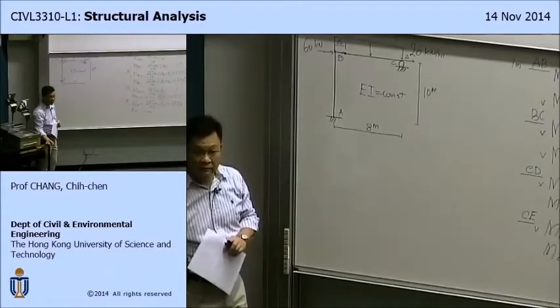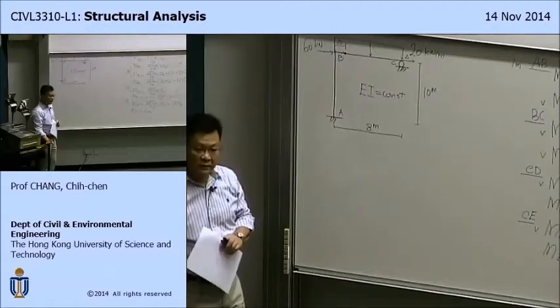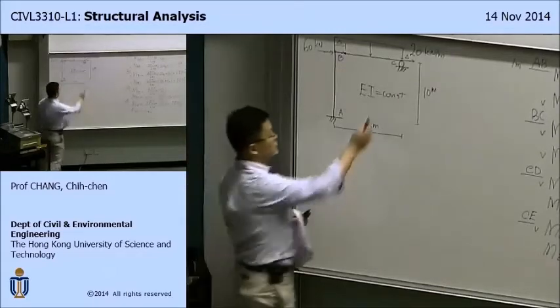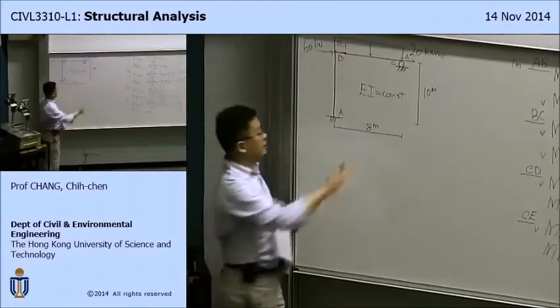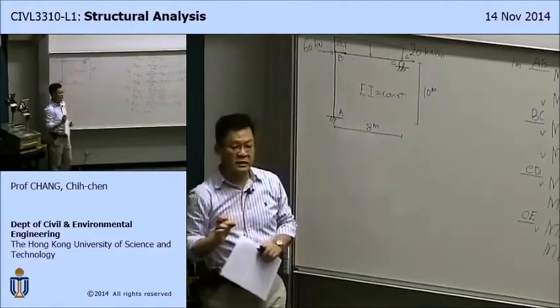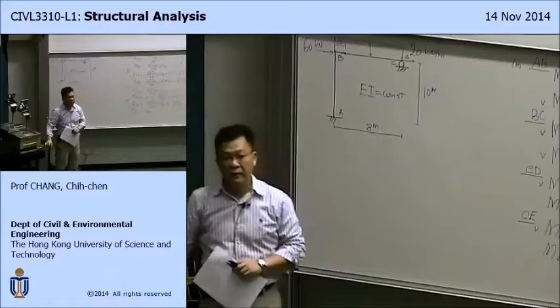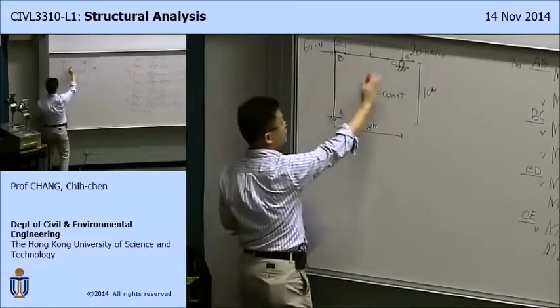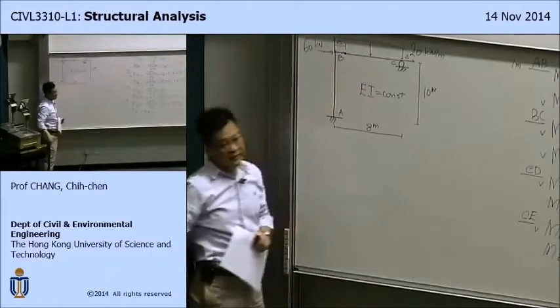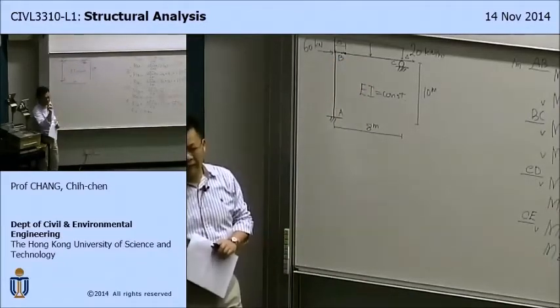Okay, good. Of course, in reality, you will see slight difference between the two because it does compress or elongate. The amount is very, very small in comparison to the deformation that you're going to get.